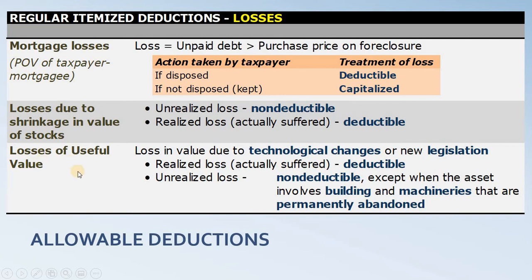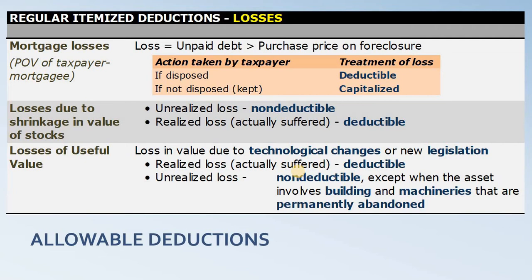So for losses of useful value, so the loss in value due to technological changes or new legislation, the loss shall only be deductible when realized. So when we say realized, it means that the fixed asset is already sold and the loss is actually suffered. So that is the time the loss becomes deductible.